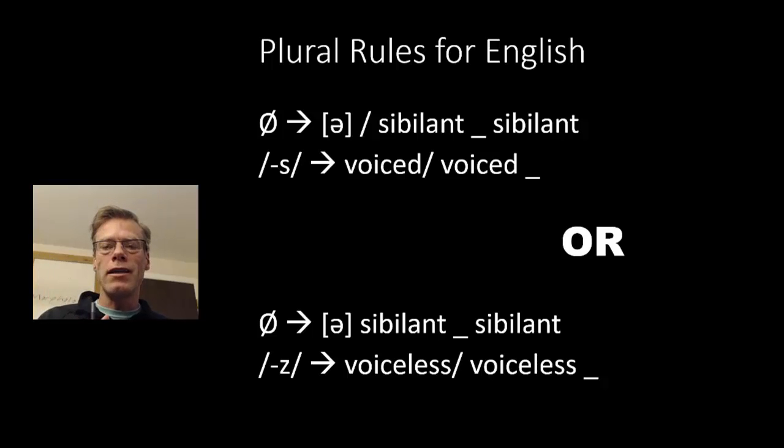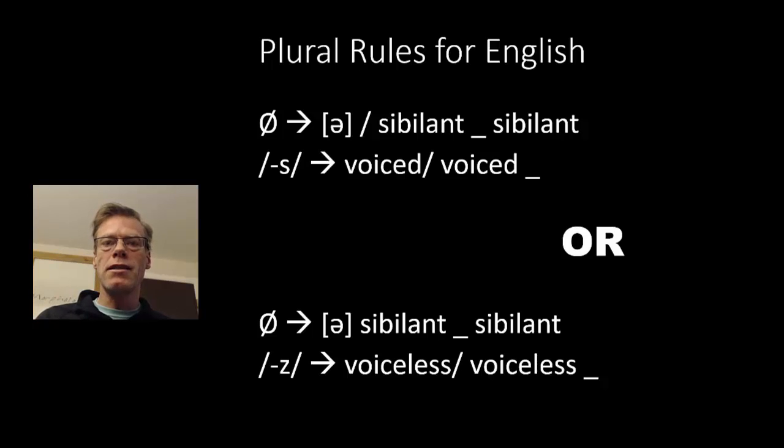And what we find is that in English, you just simply don't get two sibilants next to each other. Whenever two sibilants are close to each other in a word, we need to insert a schwa.